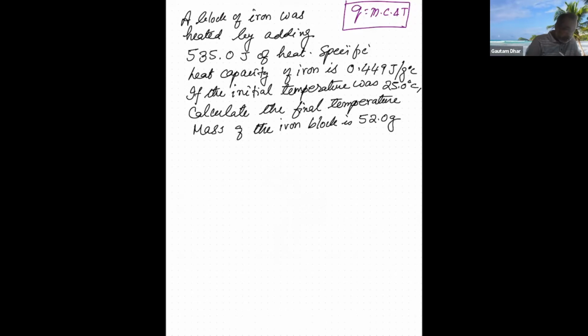So I'll have a small table here. 535.0 joules. And what else do I have? I have C, 0.449 joules per gram degree Celsius. And when you write it, write the units too. What else do I have? I have mass.